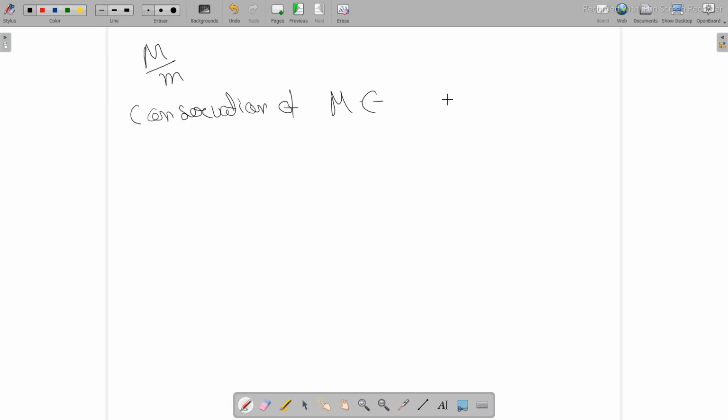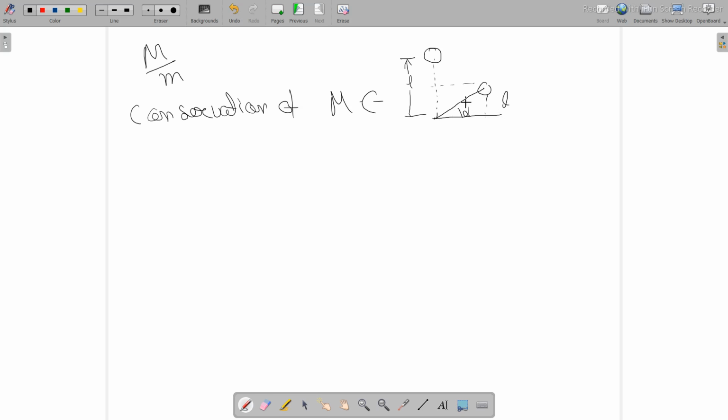First of all, we have to understand that at initial condition, this will be length L. This is also alpha.